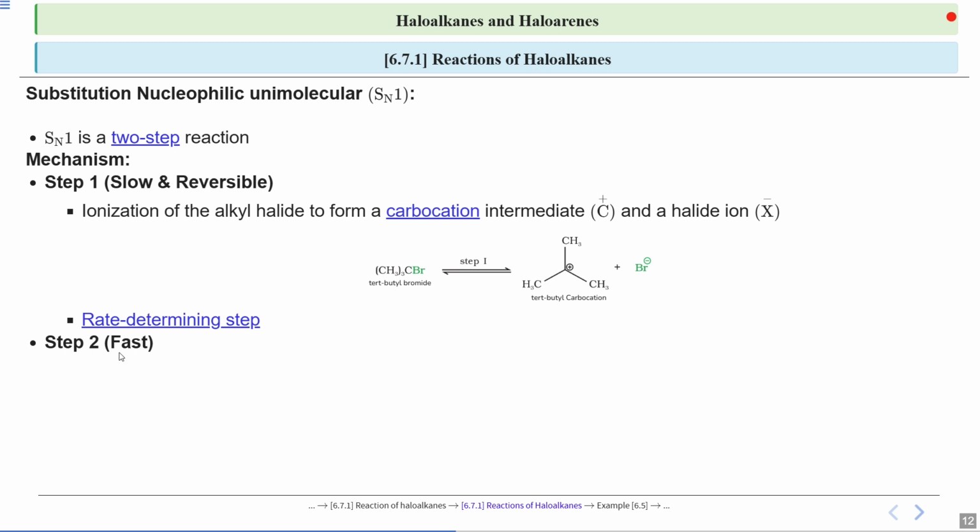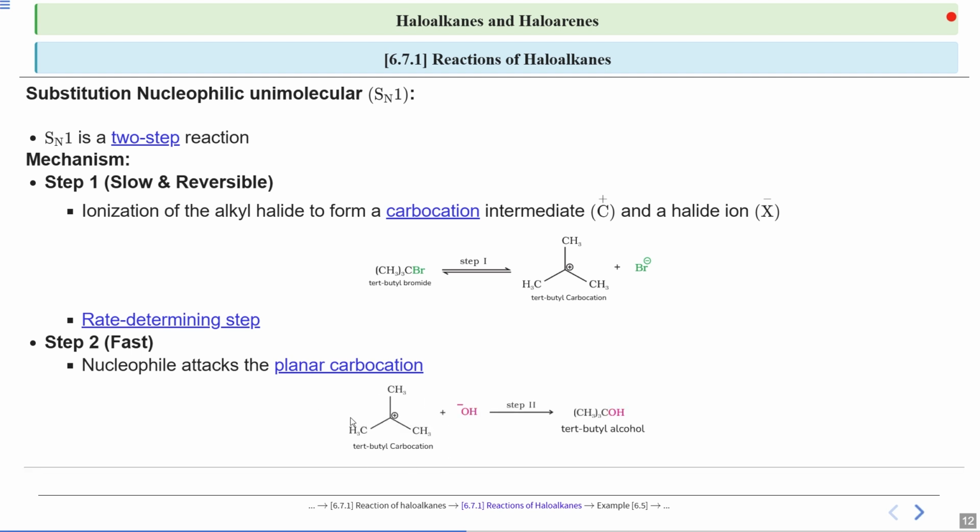Step 2 is a fast step, which includes the nucleophile attacking the planar carbocation. You got your carbocation in the previous step. Now the nucleophile is going to attack this carbocation, which is step 2, and it is a fast step. The attack of the nucleophile on the carbocation can happen from either of the two sides, which often results in a mixture of stereoisomers.